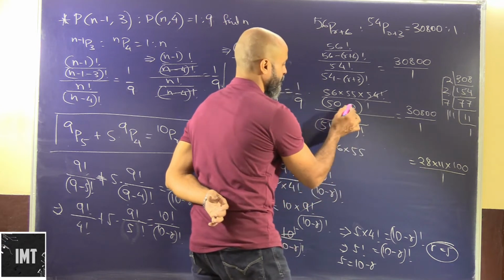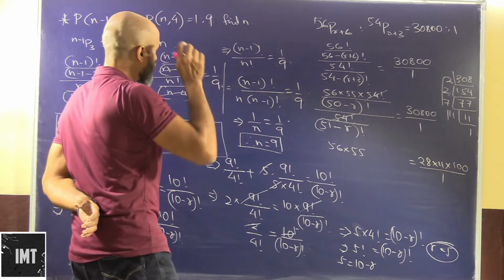Now let's sort this out here. 50 minus r, and this is 51 minus r.